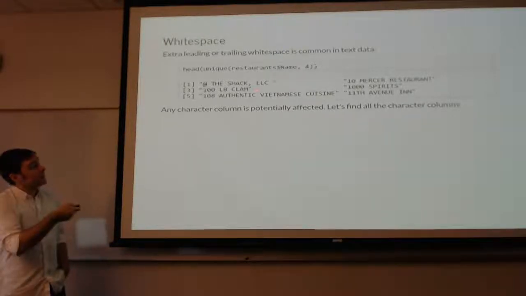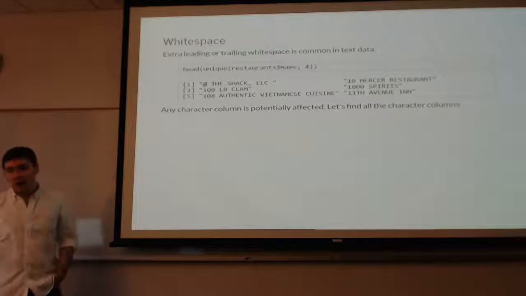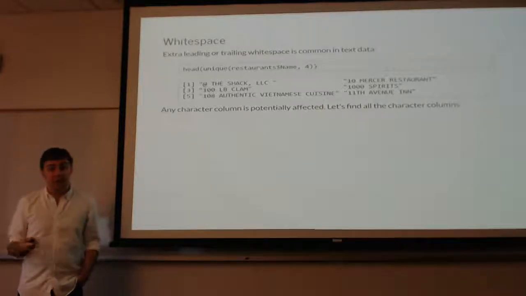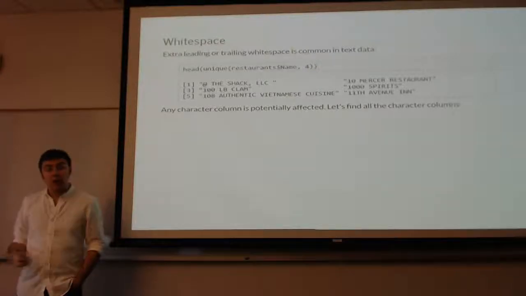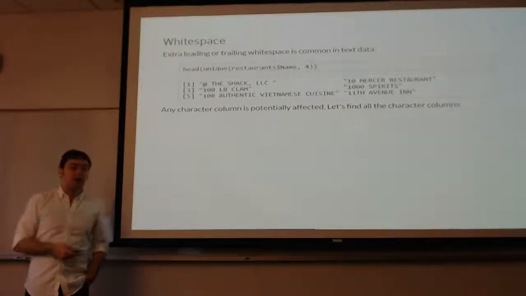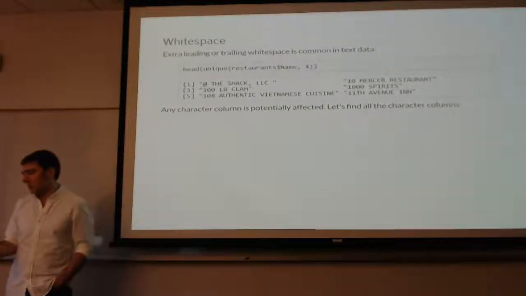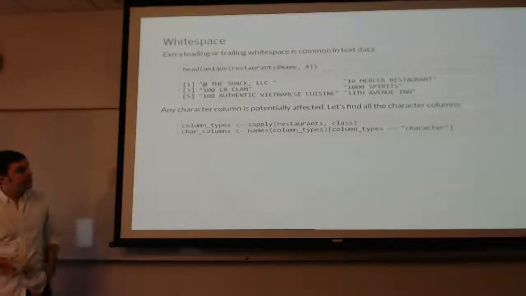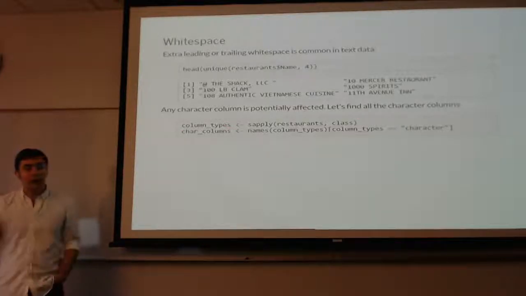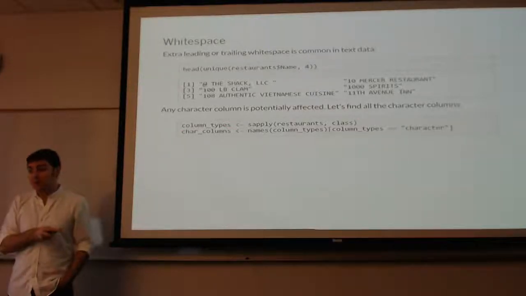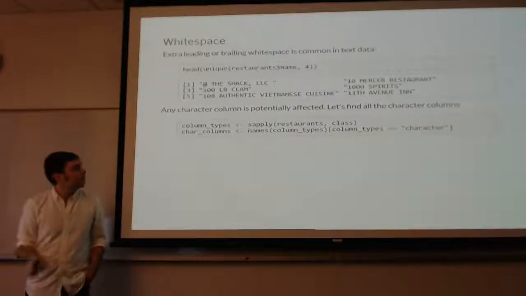This is something that could potentially affect every single character column in a data set. So the very first thing I'm going to do is figure out which columns are character data, grab those, and then apply a function to them to remove extra white space. I've done something similar to what I did before. sapply with restaurants and class will generate a vector of all of the different classes. In other words, I'm looking for character vectors in here.